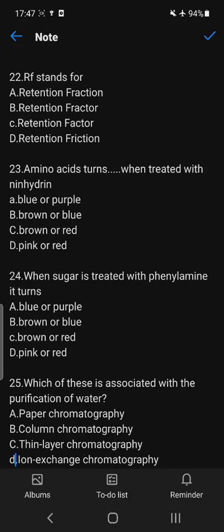So components that are separated by means of chromatography have the ability to migrate or to move at different speeds. Please take note of that. Chromatography is used to separate pigmented or colored substances such as chlorophyll, hemoglobin, and ink. All of these are associated with chromatography.